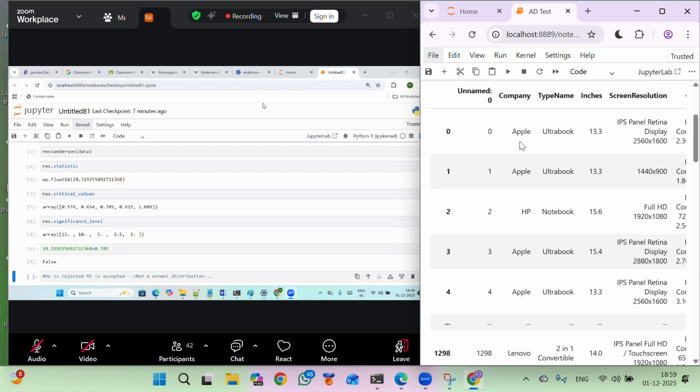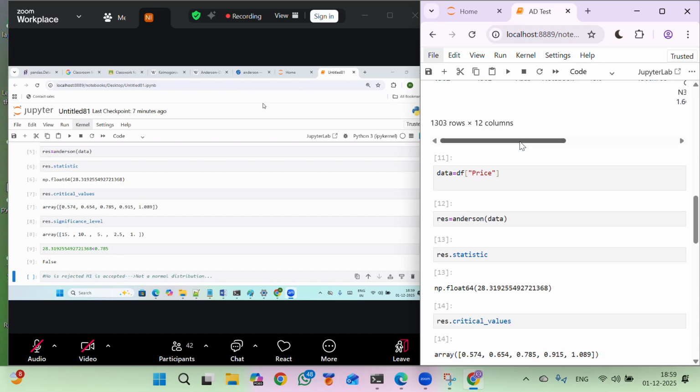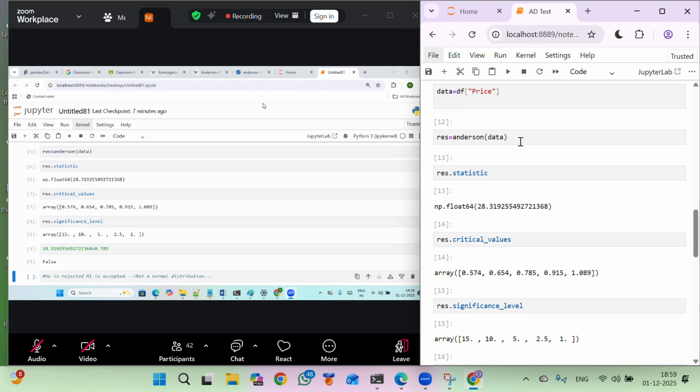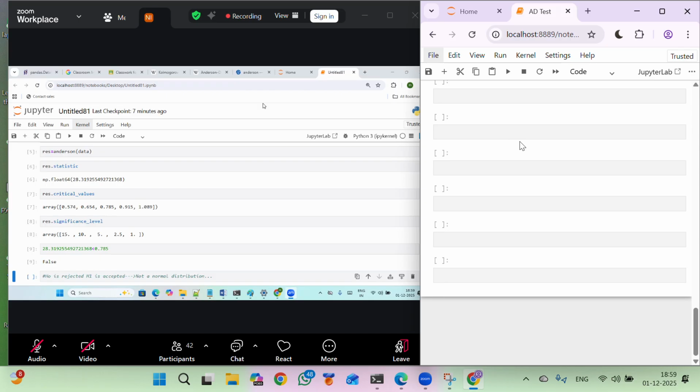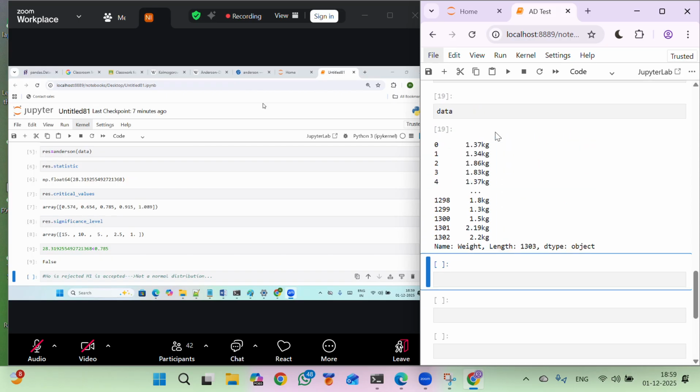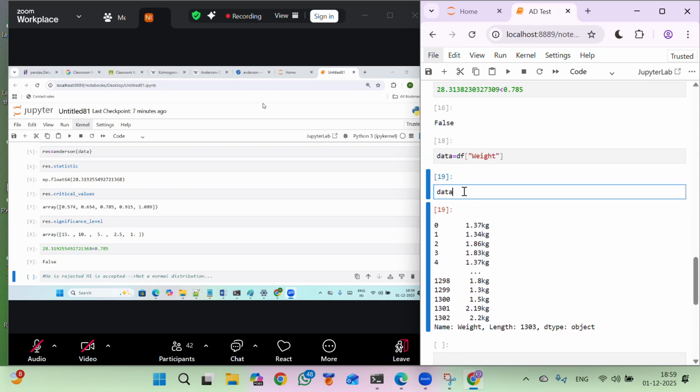Check the critical value for the 5% significance level with the test statistic. See guys, whenever you are solving a hypothesis question, always write the if else condition for when the hypothesis is getting accepted or rejected.